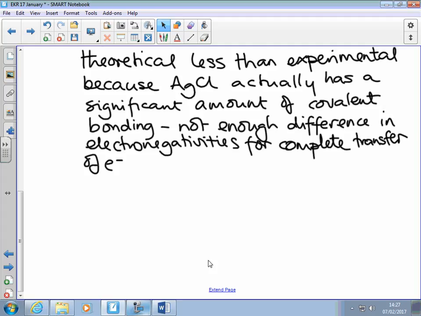Now, just to explain this in a little bit more detail, I hope, I've got a little PowerPoint that may or may not help. You never can tell, can you? But this idea of there being a scale of bond character, if you like, that there's a transition area where you can't say it's definitely one or definitely the other, that it's got some character of each, and what impact that has on the enthalpies.